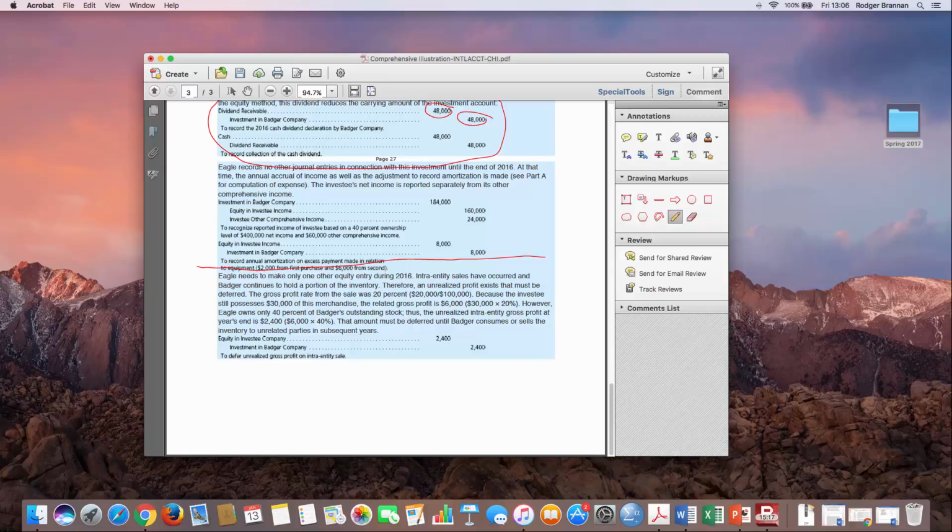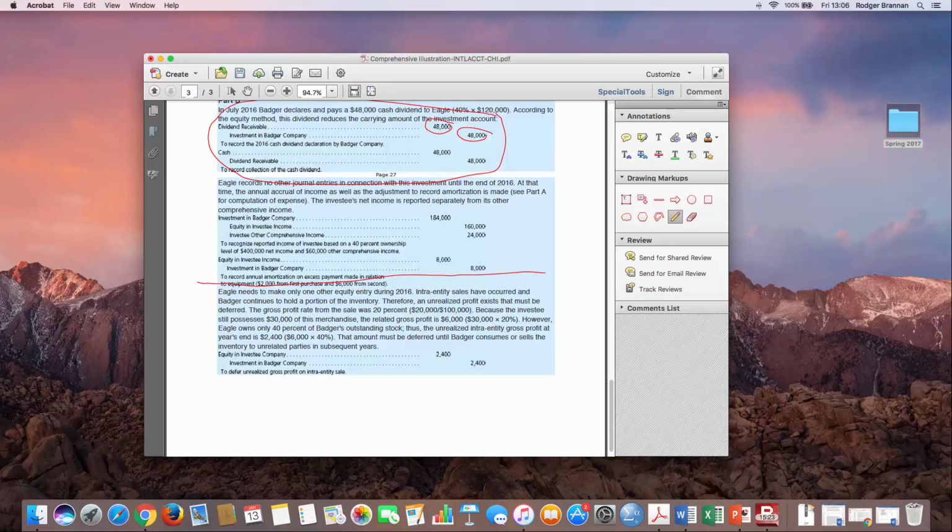They're different. They show up differently in the company that earned them in their income statement, as I demonstrated the other day. Likewise, the company that is the parent, Eagle Corporation, needs to keep sort of a separate inventory of each of these types of income. Now, as far as the investment account is concerned, they're allowed to bump up the investment account by the total amount.